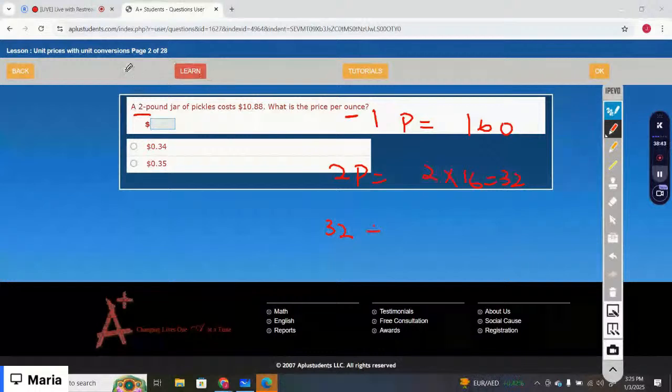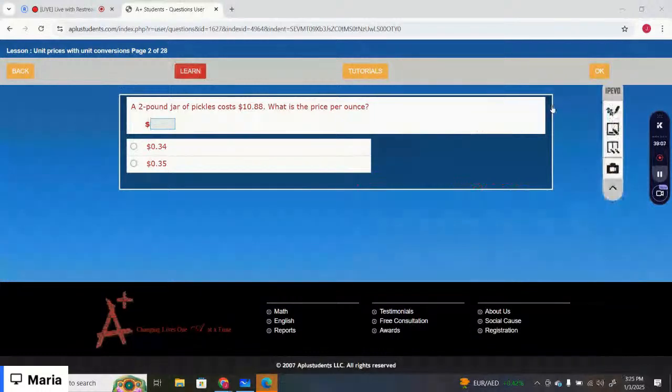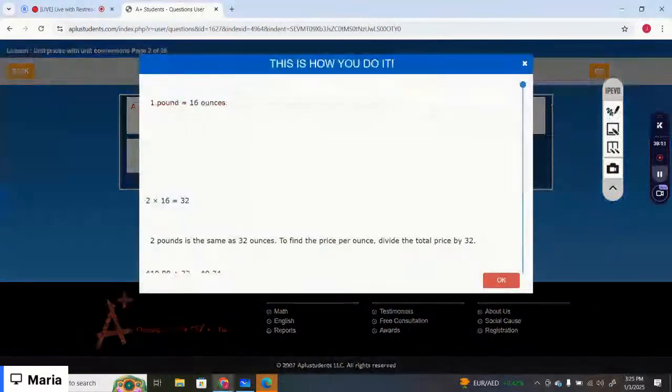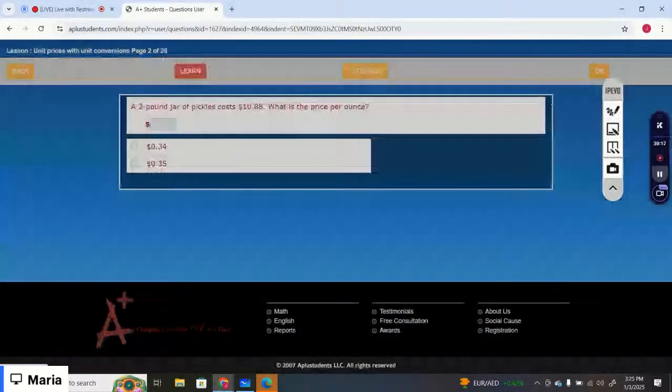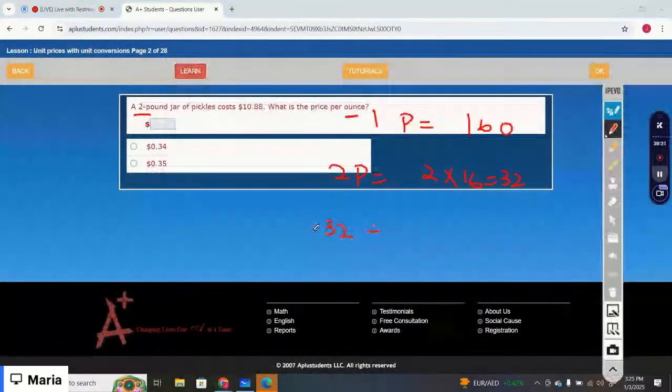So you have to do 10.88 divided by 32. 10.88 divided by 32 is $0.34.